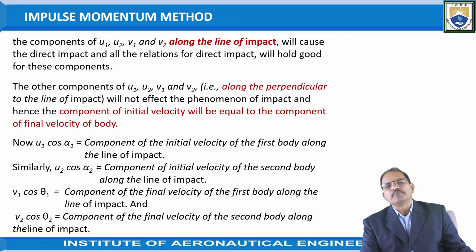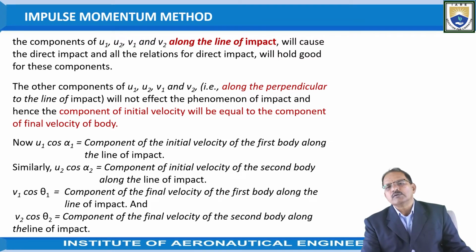The momentum of the bodies perpendicular to the line of impact will not be changed after the collision. Hence, the initial momentum possessed by the body before the collision is equal to the momentum possessed after the collision. That means the motion perpendicular to the line of impact does not play any key role in the collision.